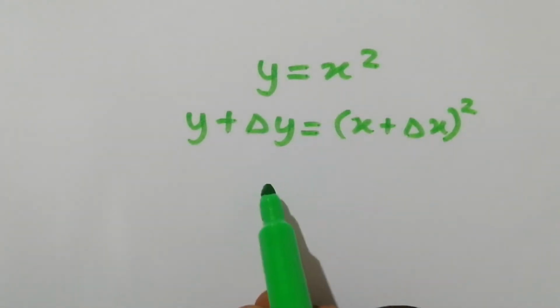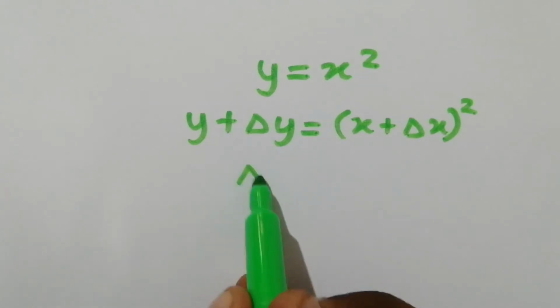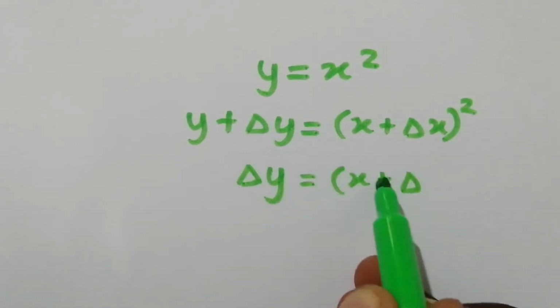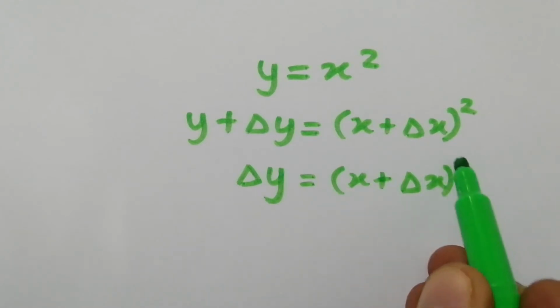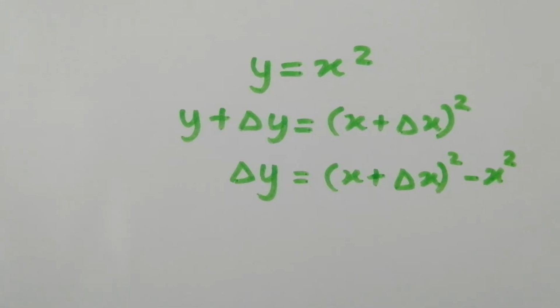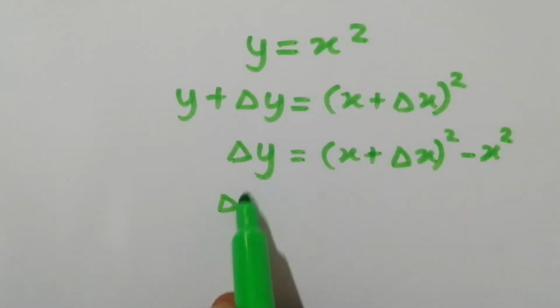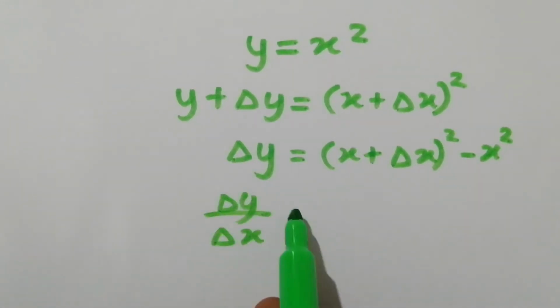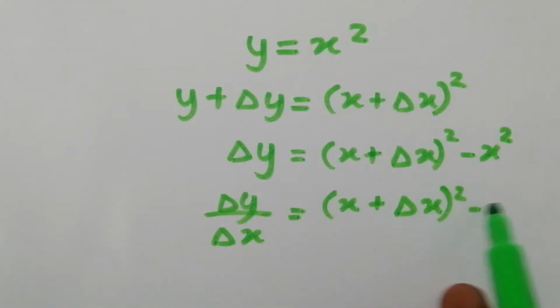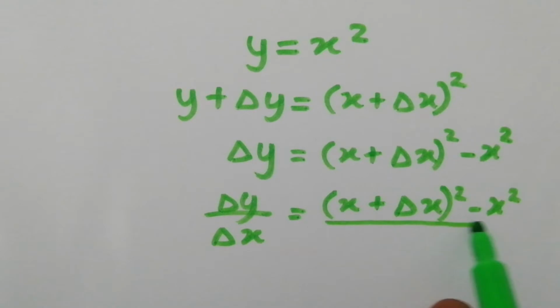Now by following the similar way, I can write delta y as (x plus delta x) squared minus x squared. Now I am taking the incremental ratio as delta y upon delta x is equal to (x plus delta x) squared minus x squared upon delta x.